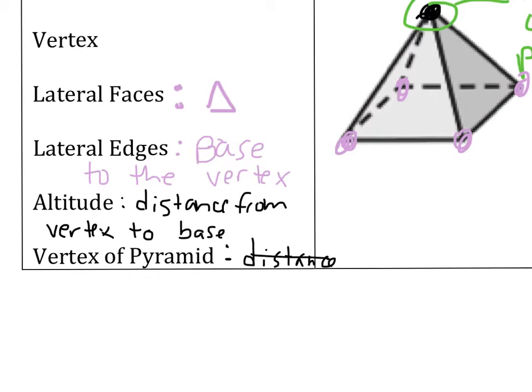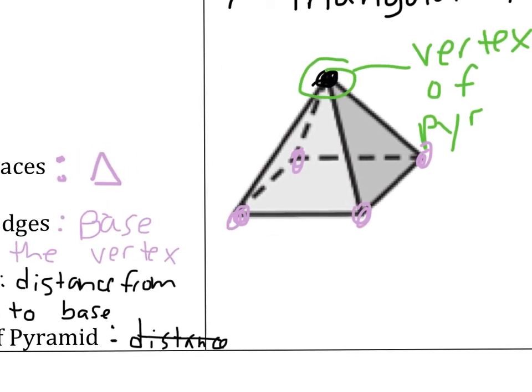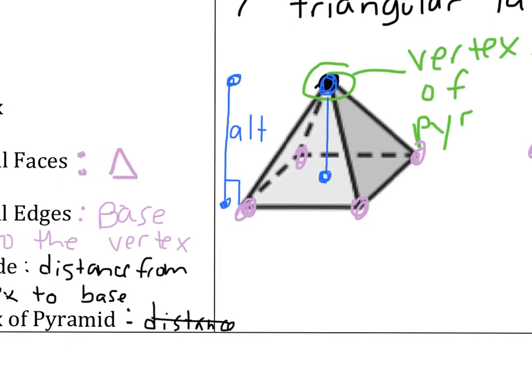Again, when I'm saying the vertex of the pyramid, I'm talking about the high point. So this here would be from this point down to here, about. And it's always a right angle, and that is my altitude. And another way to consider it is you're standing here, and you drop a line down the center into the pyramid. That would be my altitude.